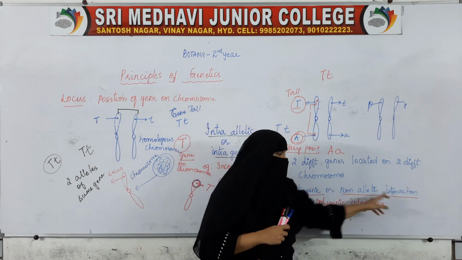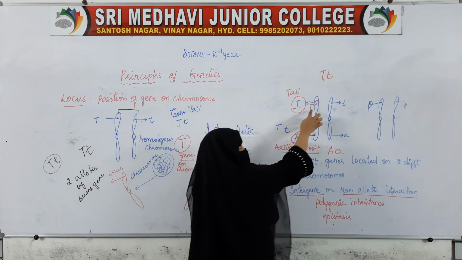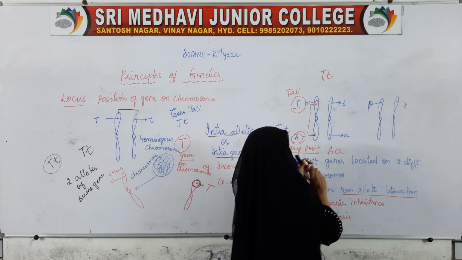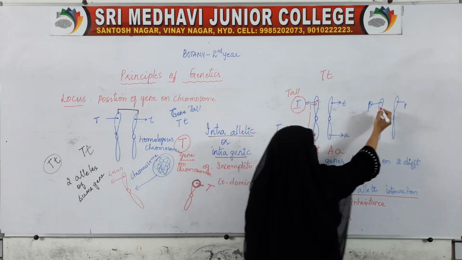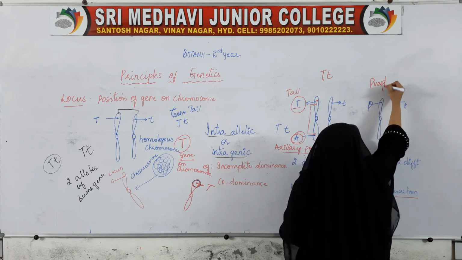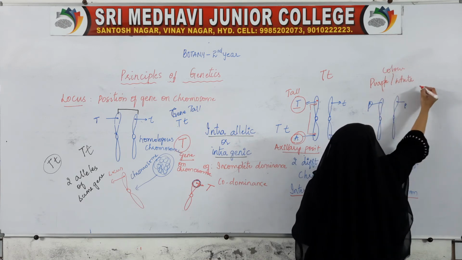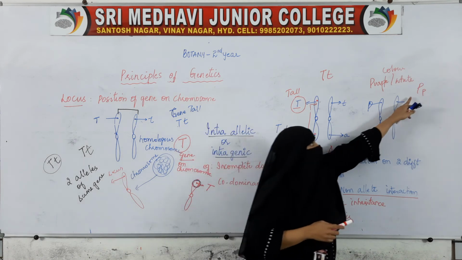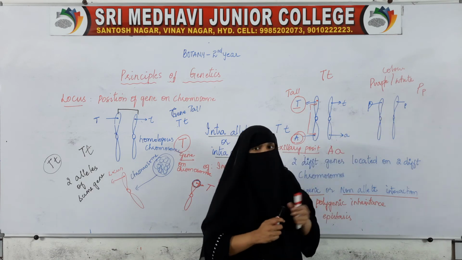For example, here is another homologous chromosome with purple and white, that is color. This gene is for color. For color we have capital P and small p, capital P for purple, small p for white. So a gene will have capital P and small p.